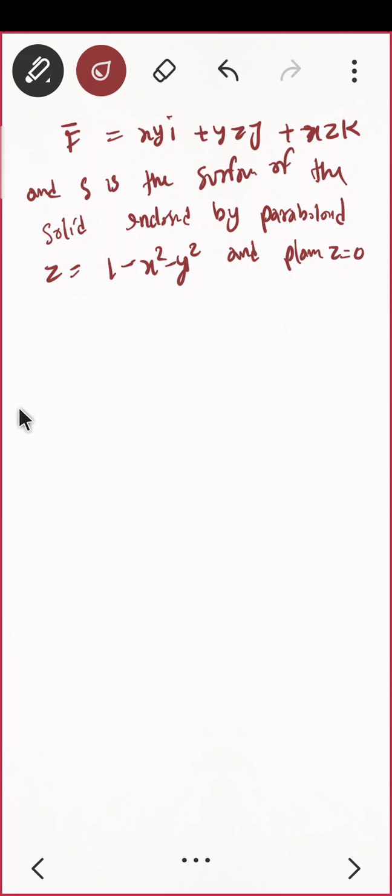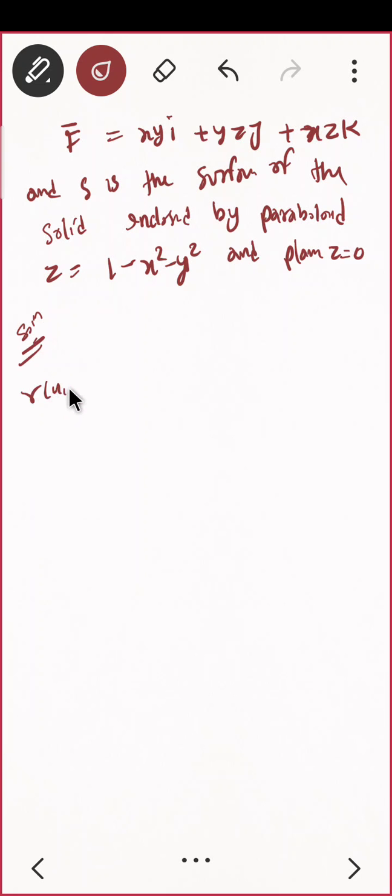Okay, so can you give me a parametrization of this surface? What will be the parametrization?